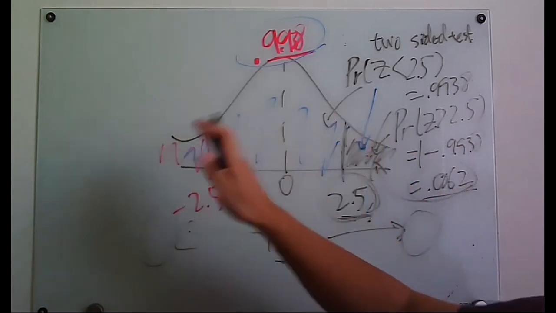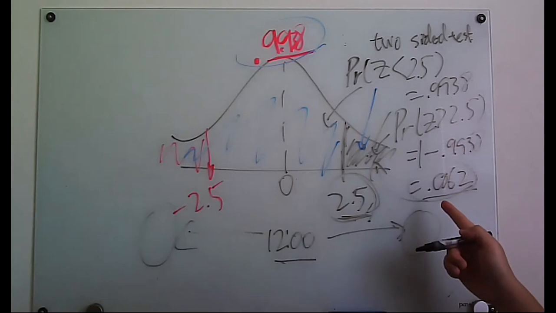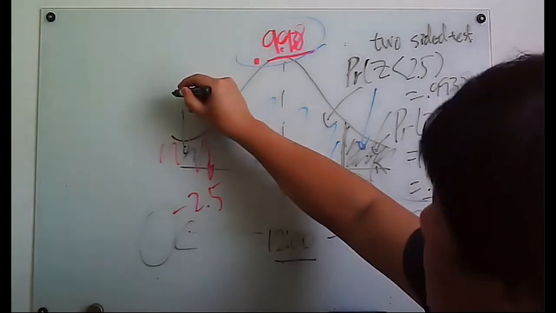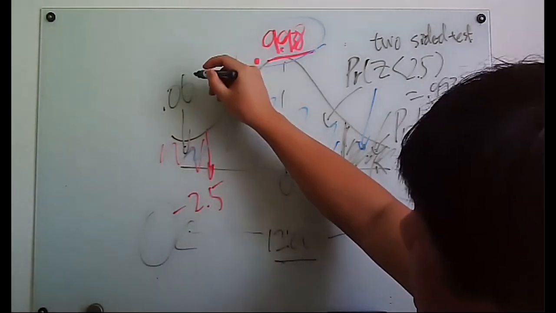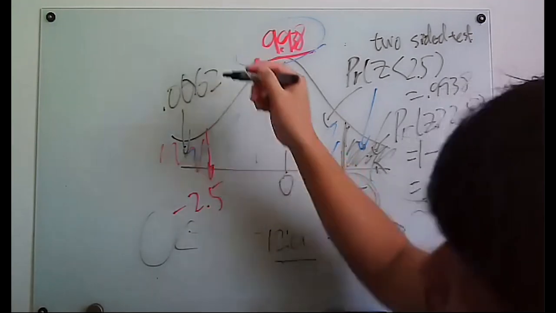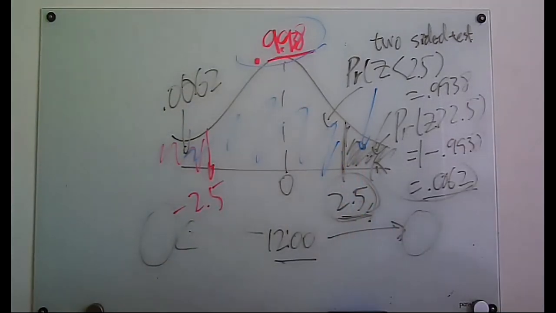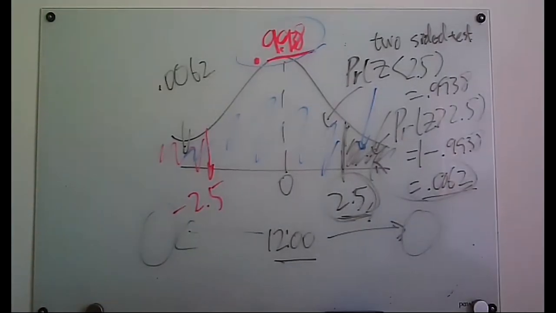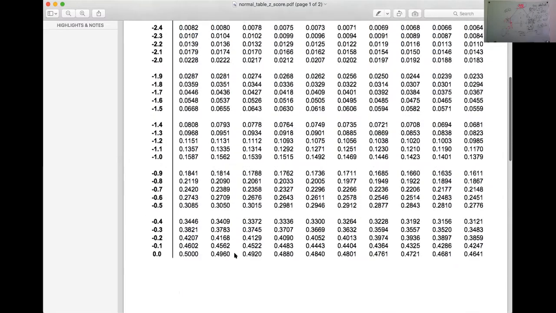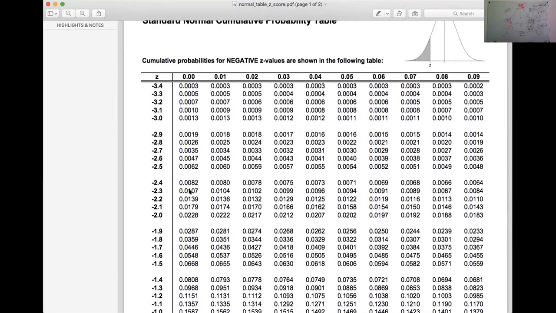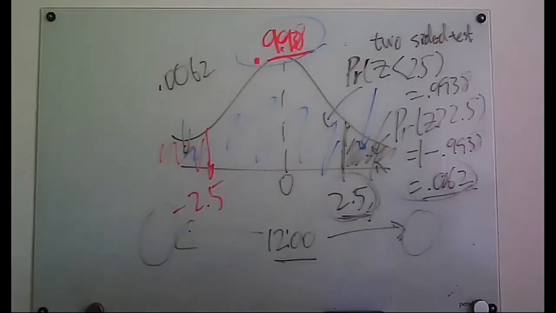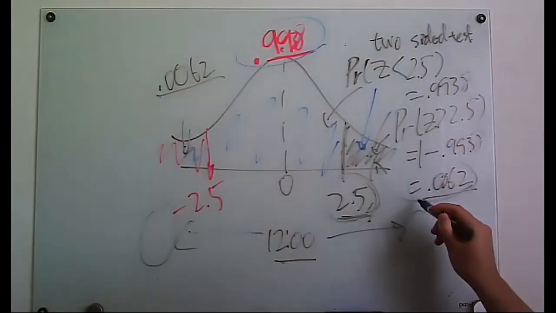We know this is symmetric. So if this is 0.0062, this would be the same, 0.0062. Another way of doing it, if you don't forget about symmetry, is that the probability of z less than negative 2.5 would be 0.0062.